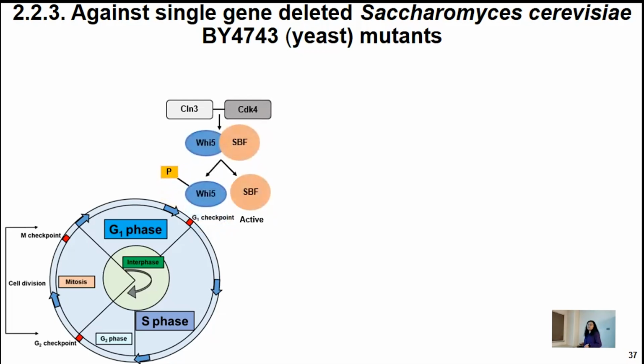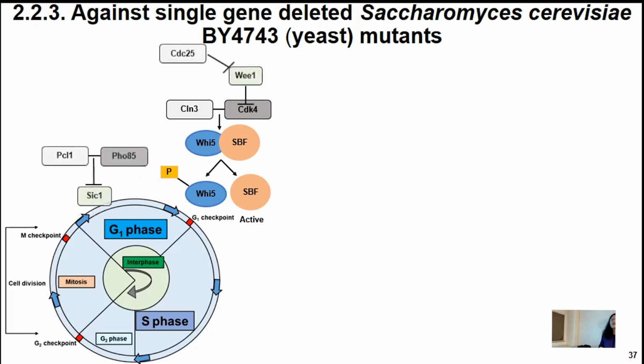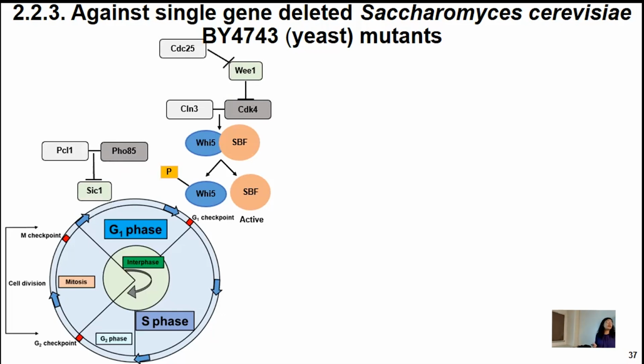Once this CLN3 cyclin binds with its partner, this kinase enzyme phosphorylates the inhibitor, releasing transcription factors. And then these transcription factors further activate downstream genes, because of which the cell can go from G1 to S phase.